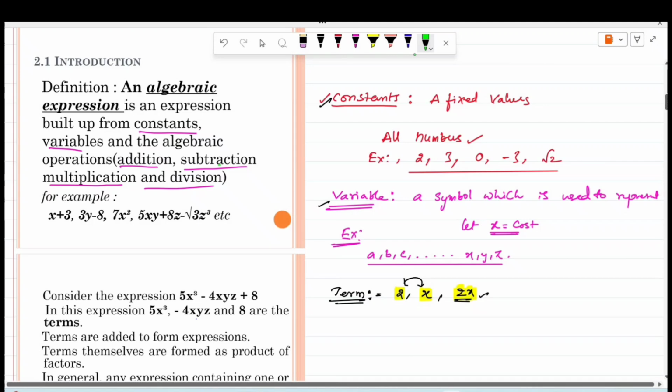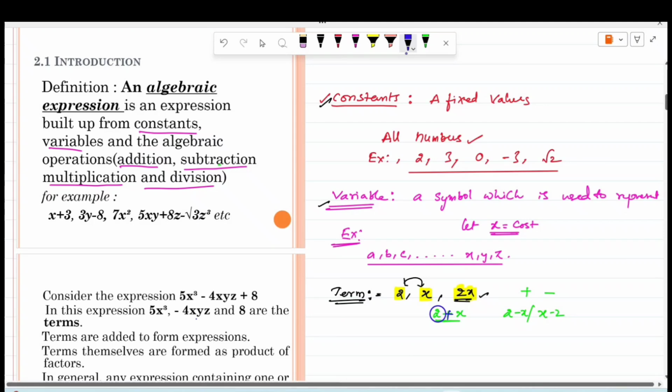When you use mathematical symbols such as plus and minus, it differentiates the counting of terms. Like 2 is a single term, x is a single term. When you add a plus here, like 2 plus x, otherwise 2 minus x, or sometimes x minus 2 also. Observe this plus symbol differentiates the number of terms.